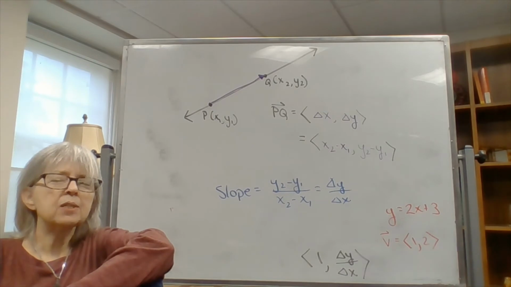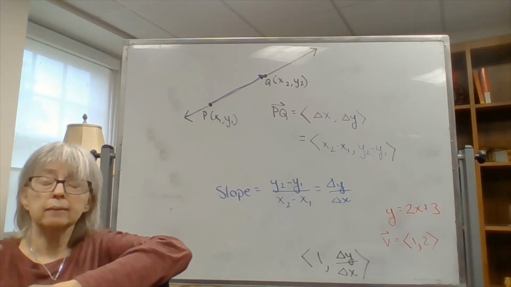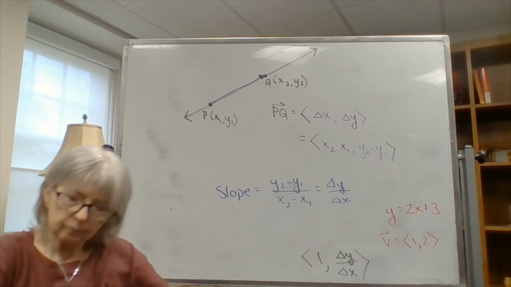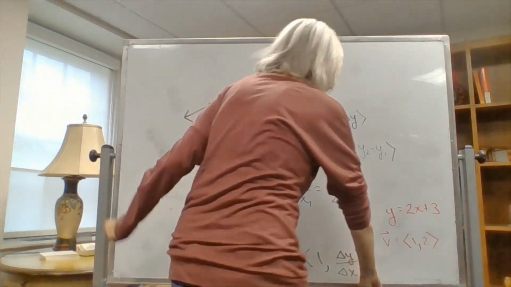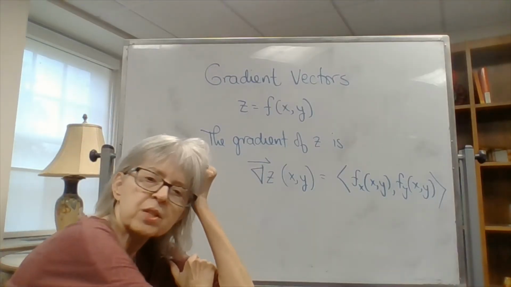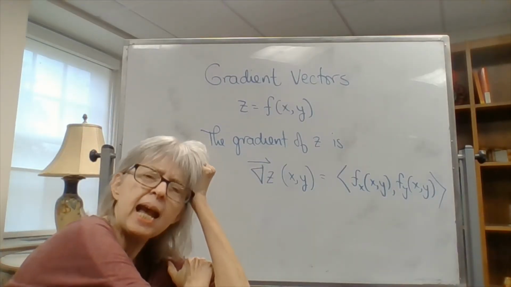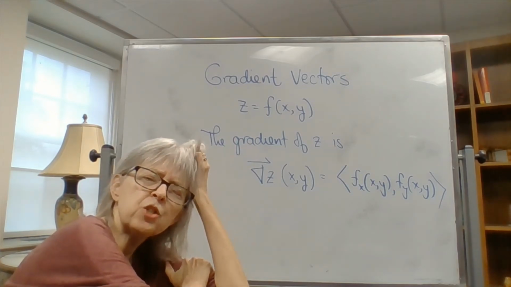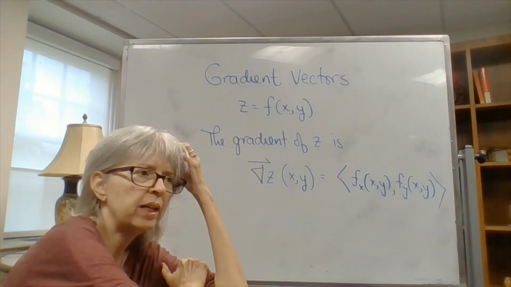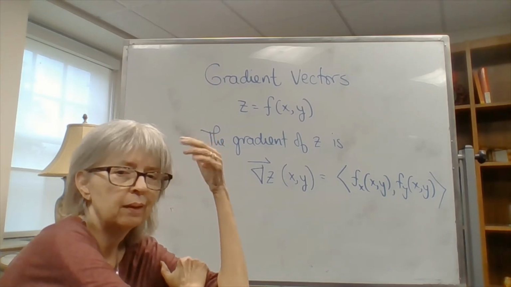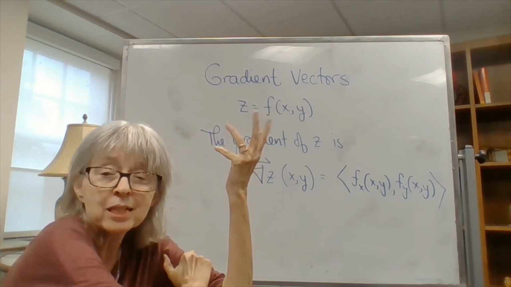Now what I'm about to do may seem totally disconnected. Oh, someday I'll probably say, hey, remember that time I reminded you that slope can turn into a vector? Maybe I'll remember to link to this video.